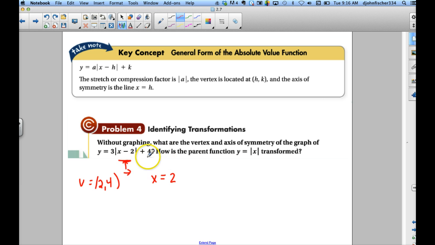I'm going to put an arrow. This part is going to move it up 4 units, and this is going to stretch it vertically by a factor of 3. So we would have to multiply the y coordinates by 3, add 2 to the x coordinates and add 4 to the y coordinates. So a couple of little options as you go.